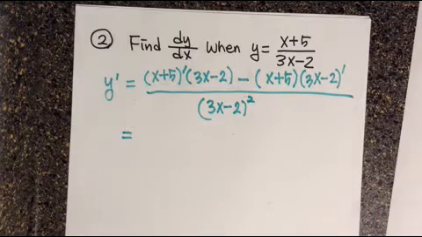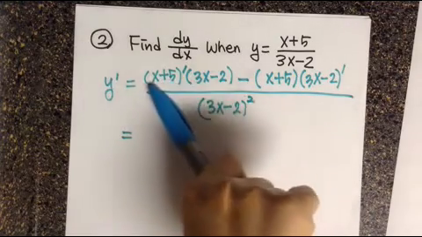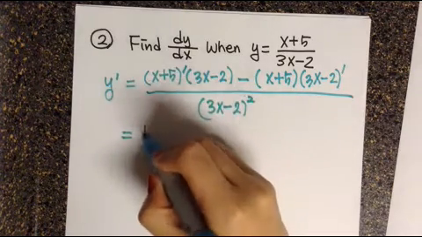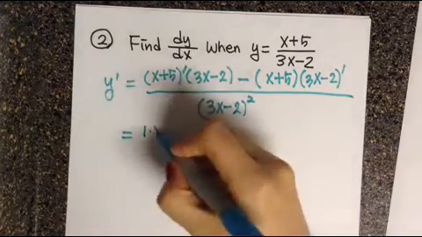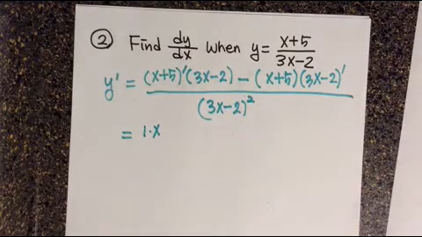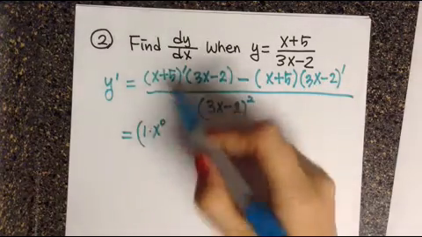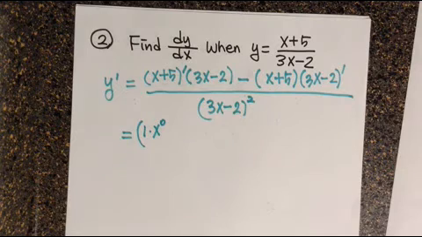Okay, let's take the derivative of x plus 5. X, you have x to the 1 power. So 1 down and x to the 1 minus 1, which is 0. And then you have a constant, which is 5.